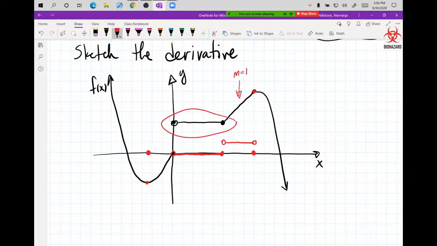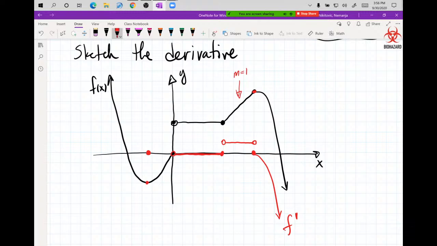So no change here, slope is 0, and then we are moving into a constant change of 1, so the value of that is 1. And then we have this decreasing part. Decreasing part means it is negative on the derivative, so we can go to this point where the 0 is and just draw the piece that is going down. So we completed the whole right side quickly, and that's our f prime.